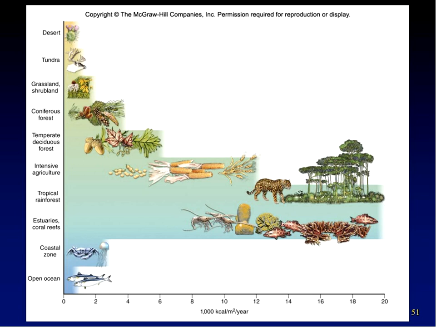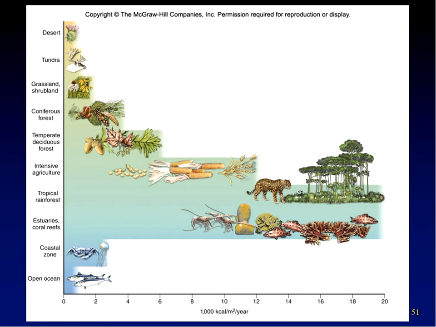So this is another form that's presented in this chapter, Chapter 4 of your book. It compares the primary productivity, or the net productivity, of the major world ecosystems, and it looks at the relative accumulation of biomass.